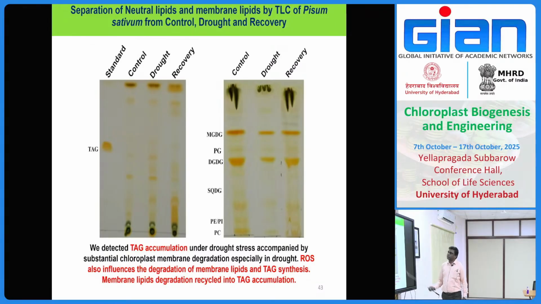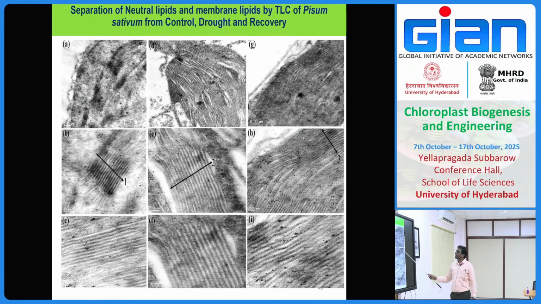What we wanted to show here is in TAG, these two are the TAG, that means triacylglycerols. In control, not much. They have increased slightly. This is an indication that they are converting into TAG. Maybe not all of them, but some part.